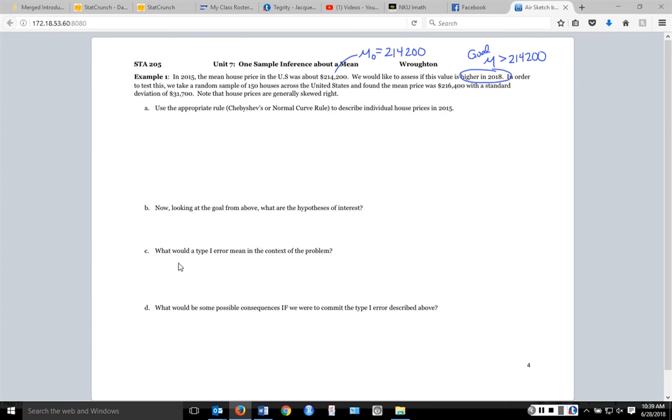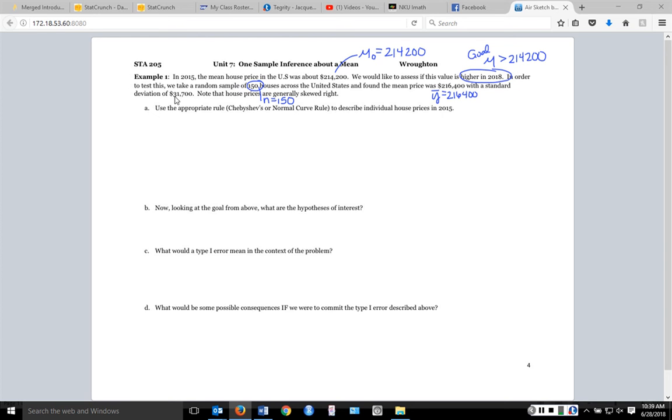Okay. In order to test this, we took a random sample of 150 houses. So that's going to be my sample size. And found the mean price to be $216,400. Well, this number was based upon just those 150 houses. So that's going to be my sample mean, with a standard deviation of $31,700.